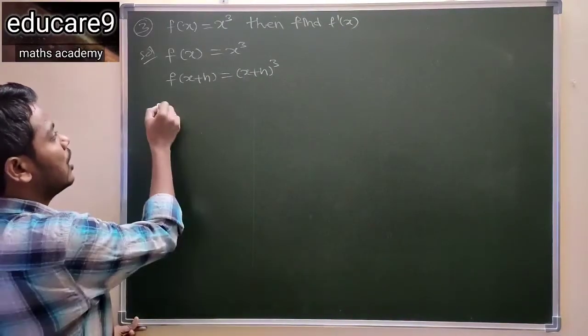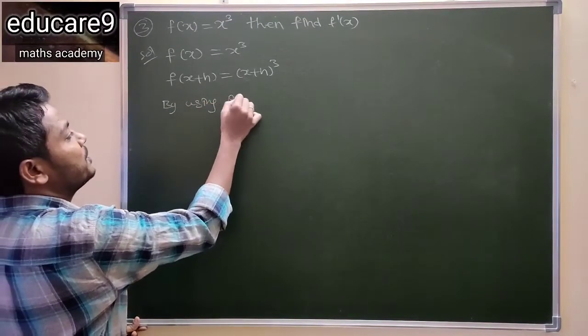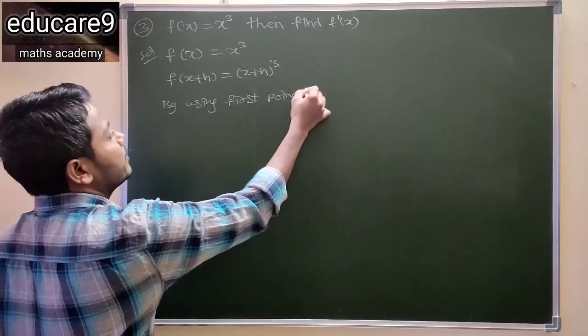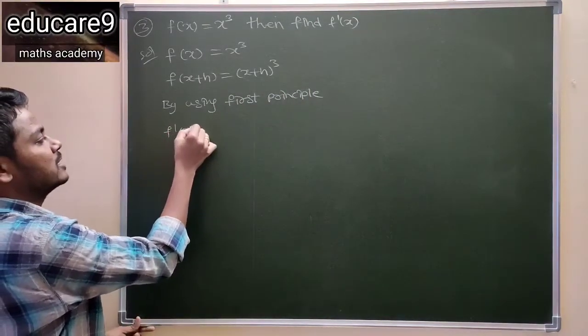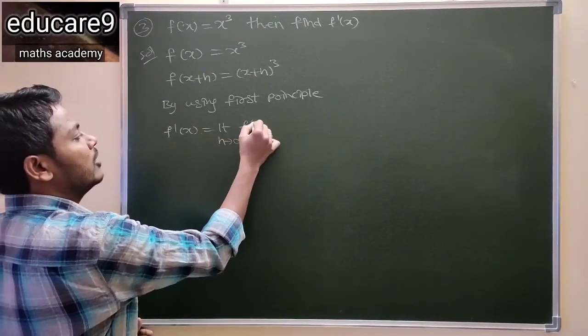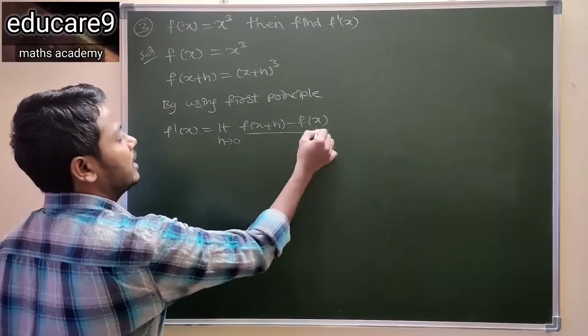Okay. Now, by using first principle, what is the first principle? f dash of x is equal to limit h tends to 0, f of x plus h minus f of x by h.